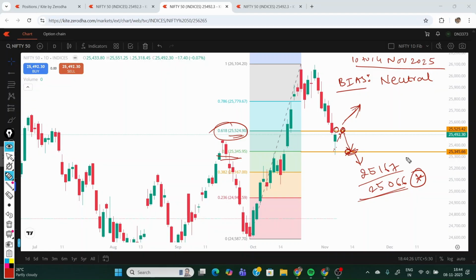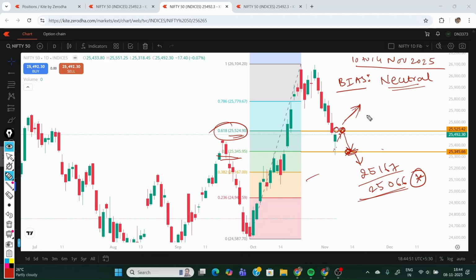We will decide our further bias on a daily time frame in case Nifty takes a direction either on upside or downside. Because we are discussing the next 5 trading sessions, we'll go into the week with a neutral bias, and we'll see whether these levels are broken and sustained.